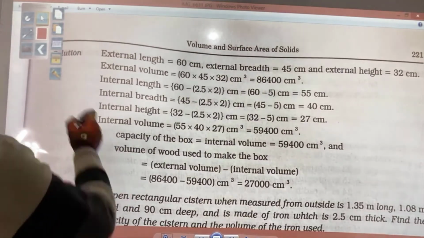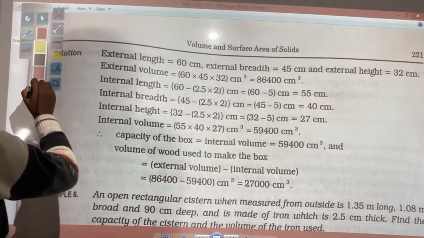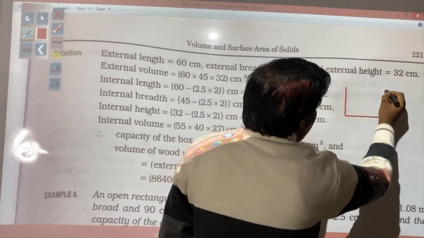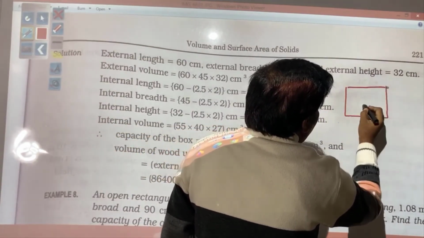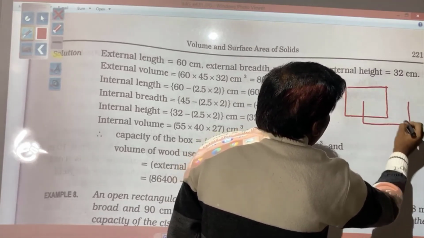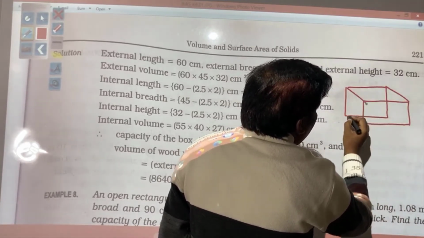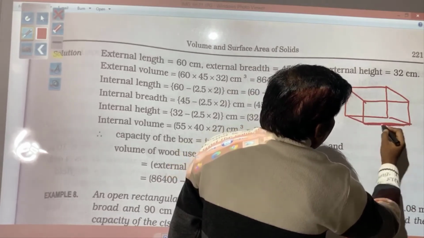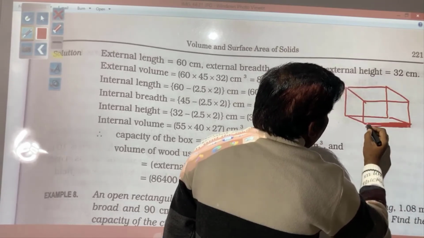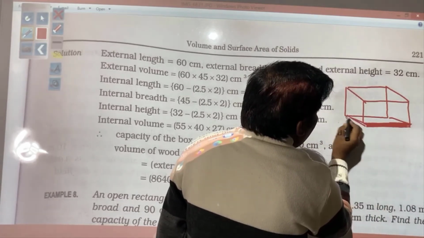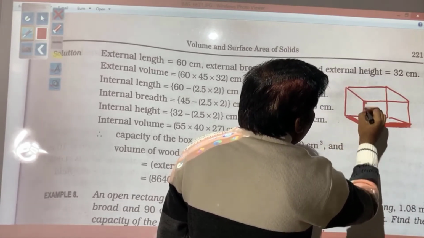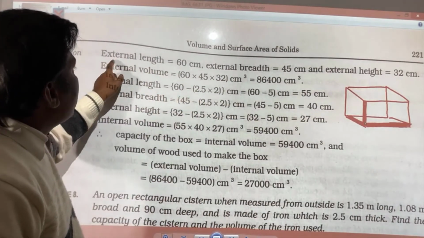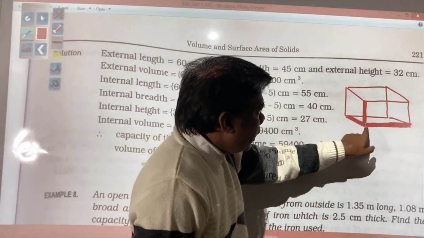So here you see, suppose you are having in this shape a box, wooden box. In this shape, but this thickness has been given. This is how much thickness has been given, you can see. So you need to find out how much wood will be required.